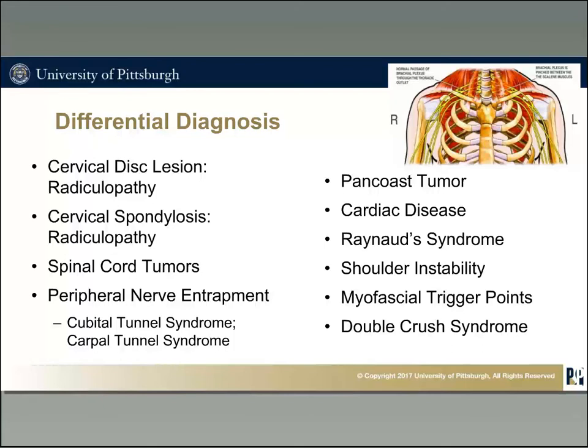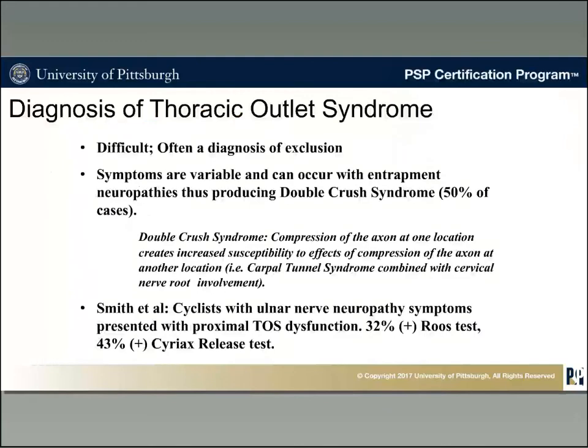And it's entirely possible that other features, such as carpal tunnel syndrome, can sometimes make the diagnosis of TOS even a little bit more complicated. So again, as we mentioned earlier in the presentation, thoracic outlet syndrome is sometimes a fairly complex array of clinical signs and symptoms, and diagnosis isn't always straightforward and easy to make.